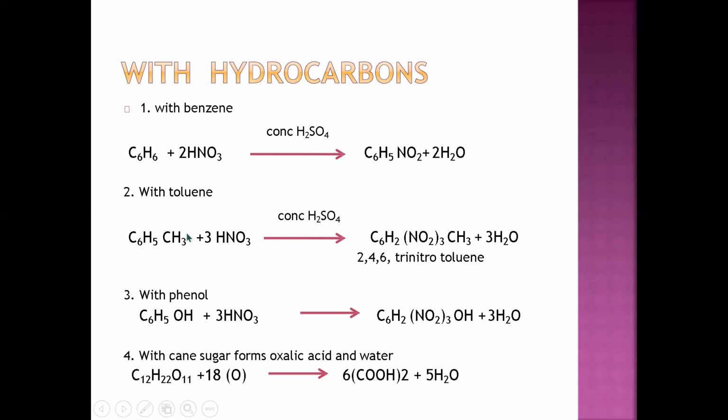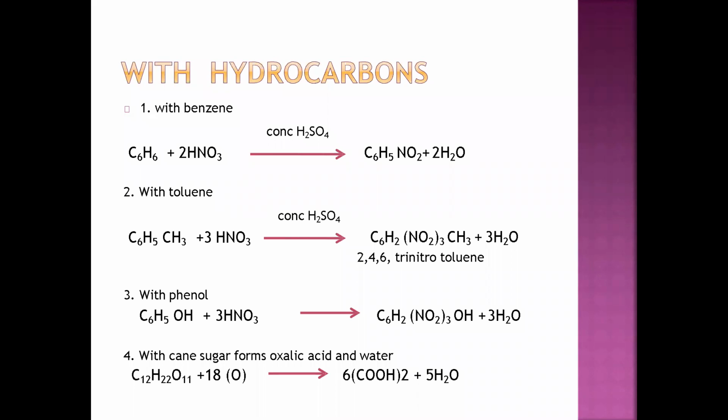In the presence of H2SO4, 2,4,6-trinitrotoluene formed. 2,4,6 means at the 2 carbon, 4 carbon and 6 carbon positions, you will see NO2 groups attached to this toluene along with your CH3. I think we formed this type of compound while doing organic in 11th class, along with H2O.